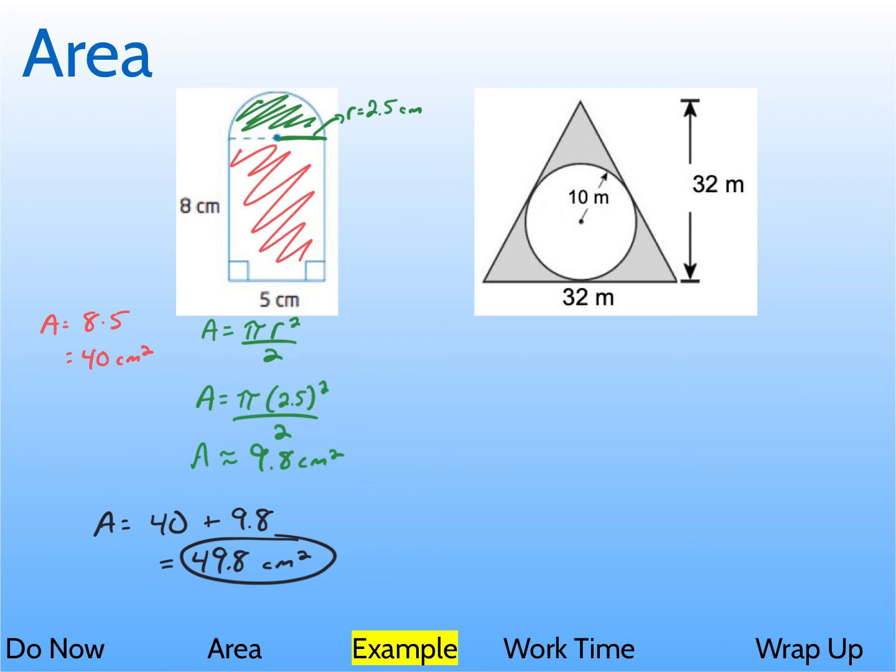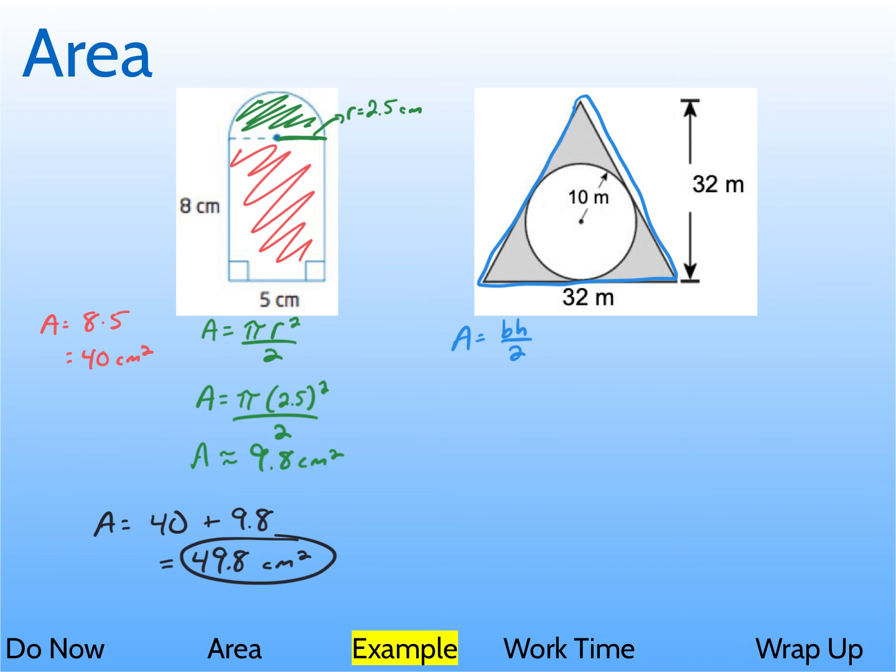All right, let's look over at this one here. So what we have is a triangle, and then we have a circle cut out of it. So we're going to get the area of the triangle first, and then we're going to subtract the area of the circle. So I'm going to do the area of the triangle in blue, right here. And the area of the triangle is, of course, base times height divided by 2.